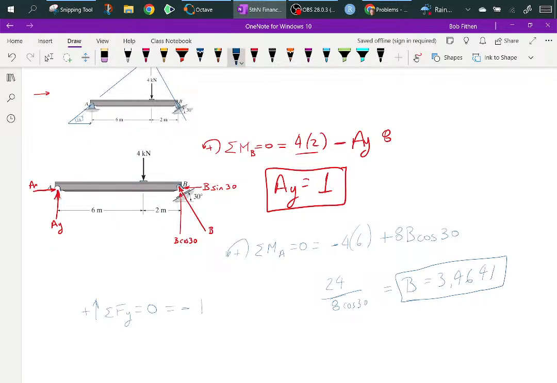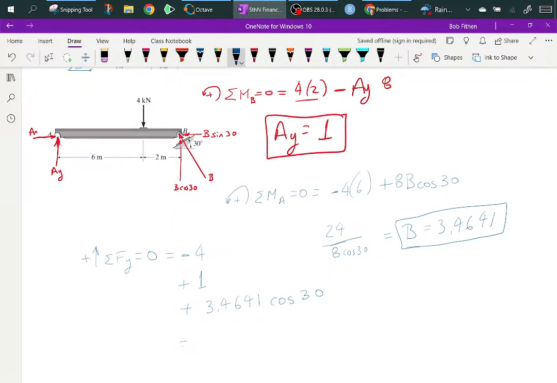Okay, now minus 4, that's the first one, plus the AY, which actually I ended up with 1 right here, and then plus 3.4641. I'm taking this one, and I have to take it times the cosine of 30. And this all has to equal to 0, does it?